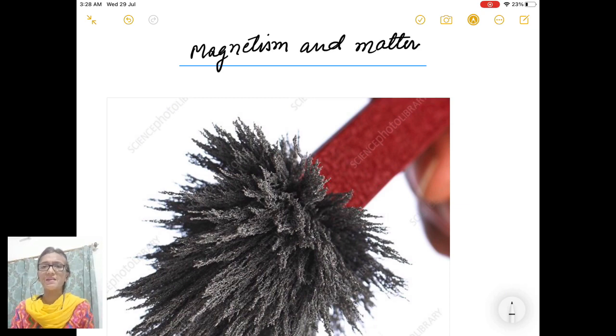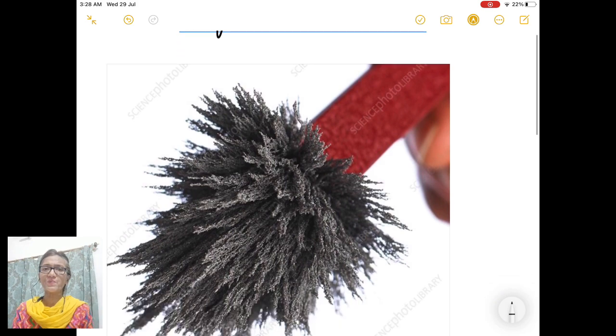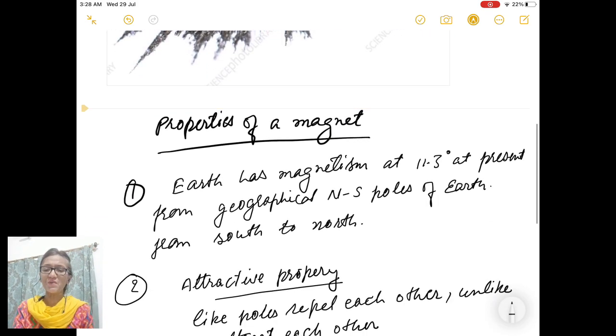A magnet has a directive property. When you suspend a magnet freely, it always comes to rest in the north-south direction. This property was known to the Chinese from 400 BC, and it was used in navigation also. So let us list some of the properties of a magnet.